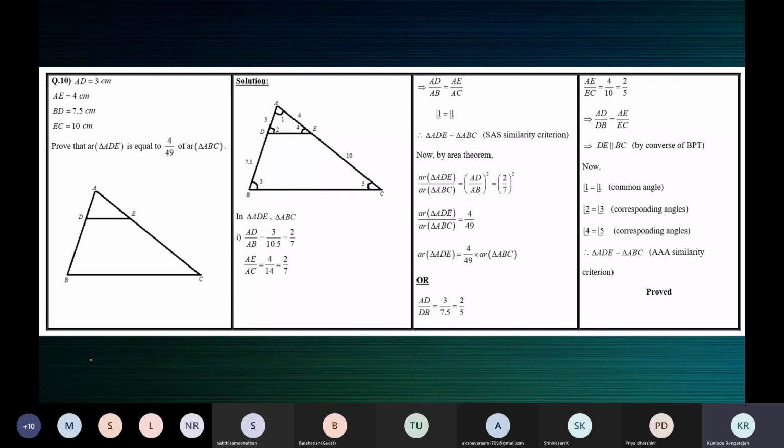Now that you have proved they're parallel, prove that they're similar next. You can use the common angle and corresponding angles equal, so they are similar. If you want to use the AA or AAA similarity criterion, you'll have to show that DE is parallel to BC. If you want to use SAS, you don't have to show that DE is parallel to BC.